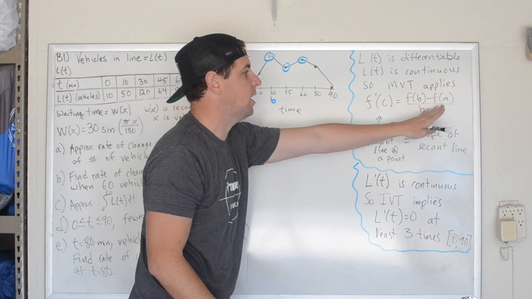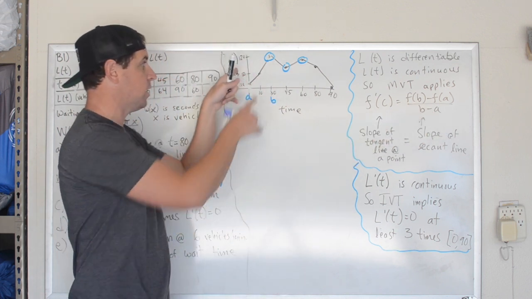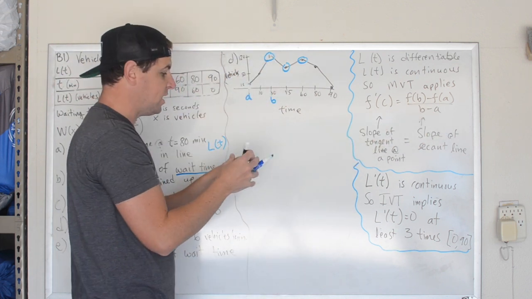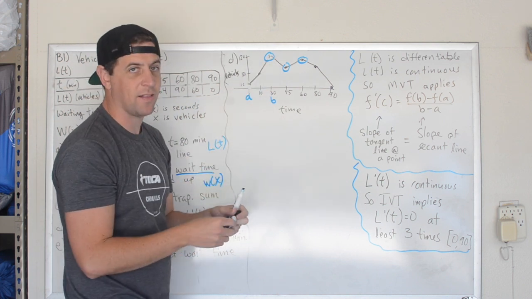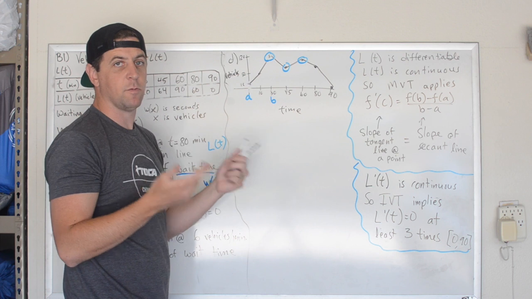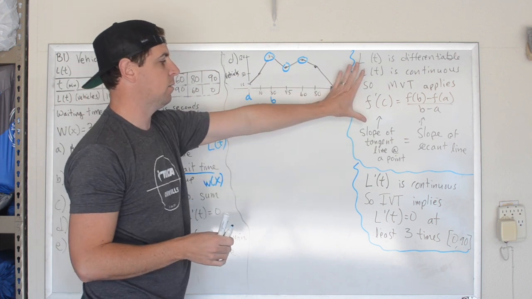That f of b minus f of a over b minus a would be some positive number. There must be some point c that exists where the tangent line is also exactly that same slope. This is what the mean value theorem tells us.